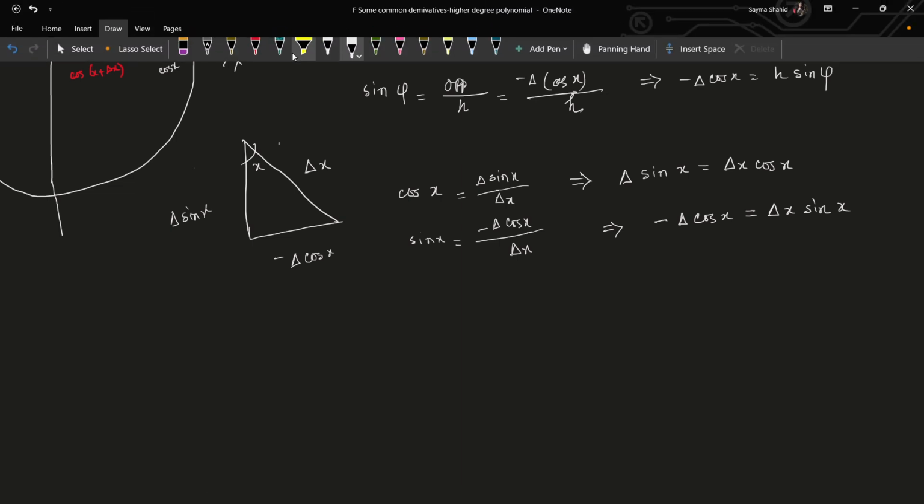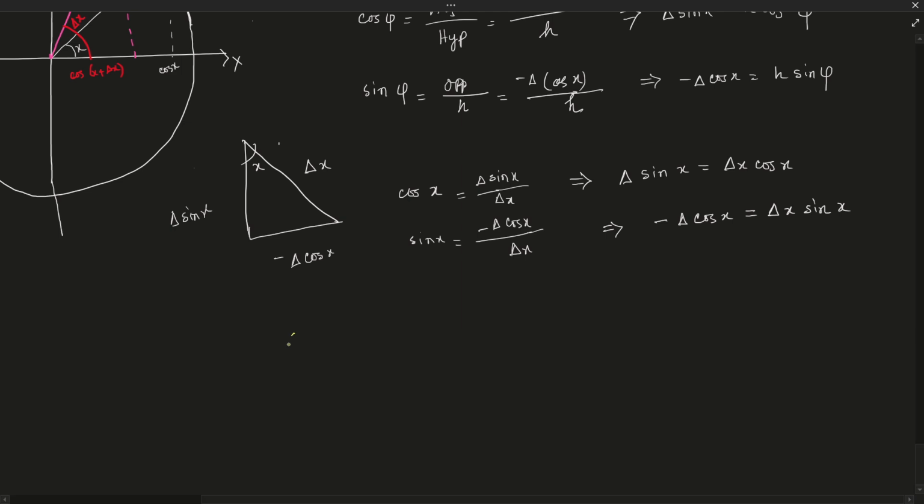So finally we can see that if f of x is equal to sin x, then the derivative will be cos x.